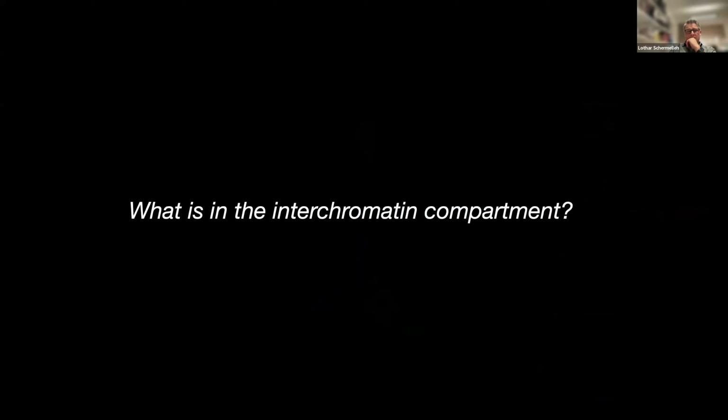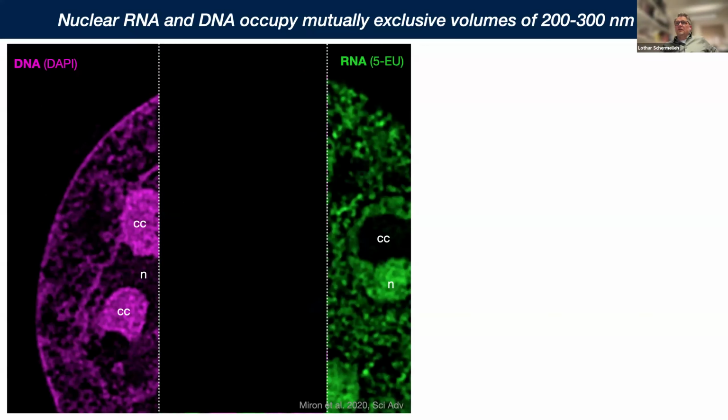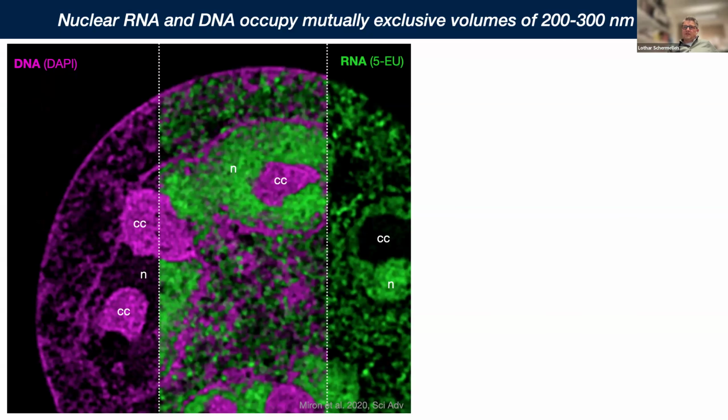One question that is apparent here is what is actually in this interchromatin compartment? To address this, an apparent candidate was maybe RNA, so we labeled bulk RNA with a long, one-hour pulse of 5-EU. Then you can see a very similar picture, but essentially an inverted labeling.